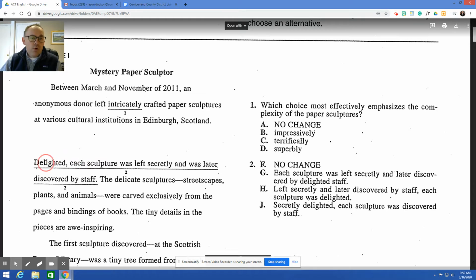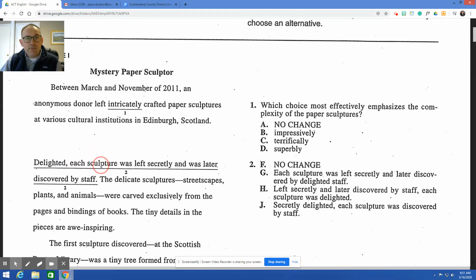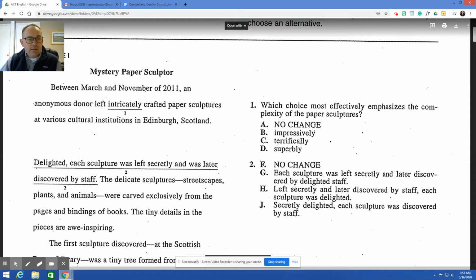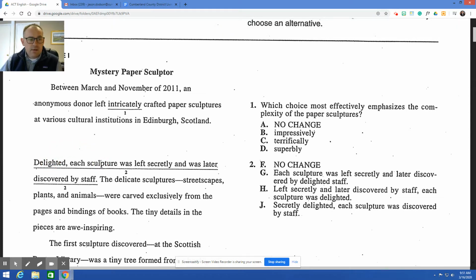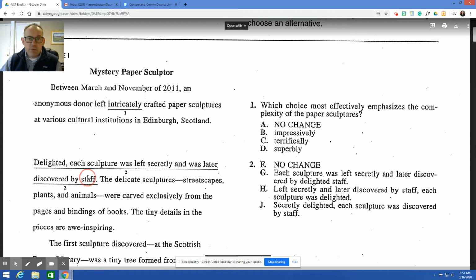When you have a word or a phrase or a clause that's set off by a comma at the beginning of a sentence, it means that it will modify the noun or pronoun that's closest to it after the comma. So in this case, delighted modifies sculpture. Was the sculpture delighted? No, it was the staff who was delighted.